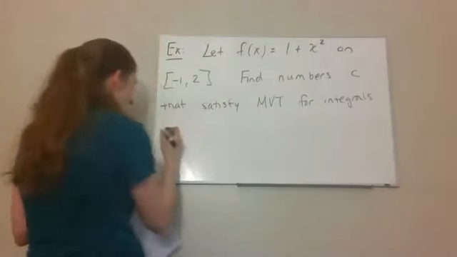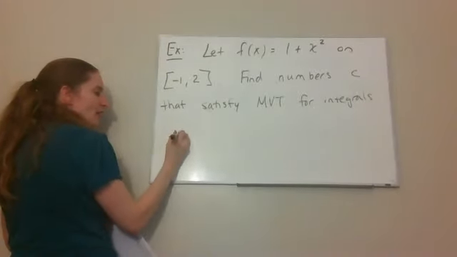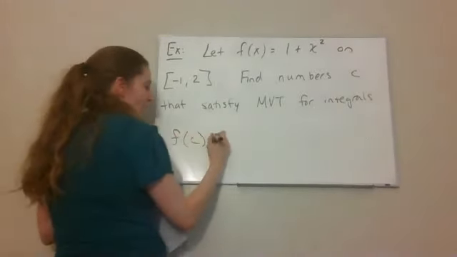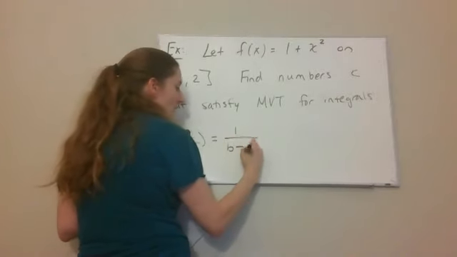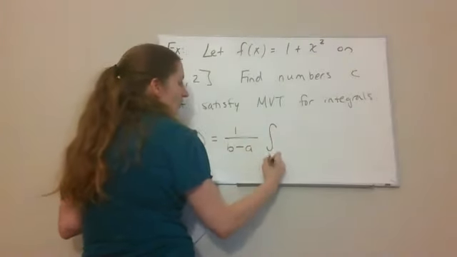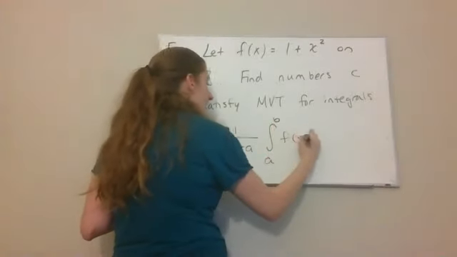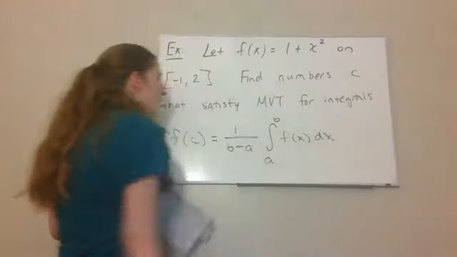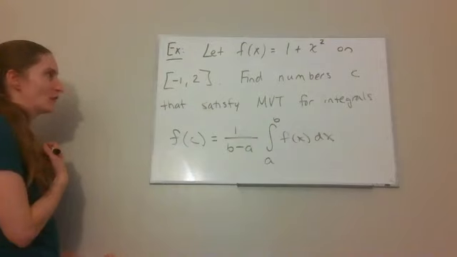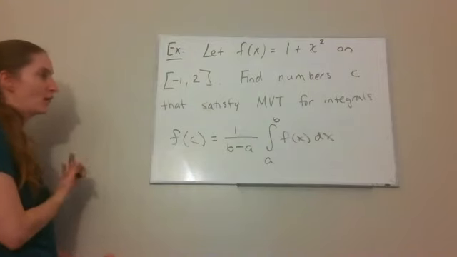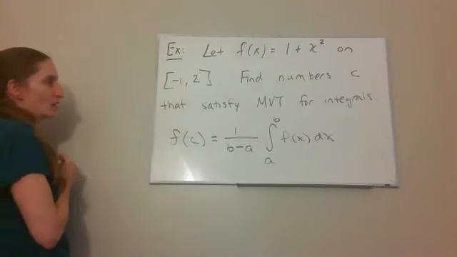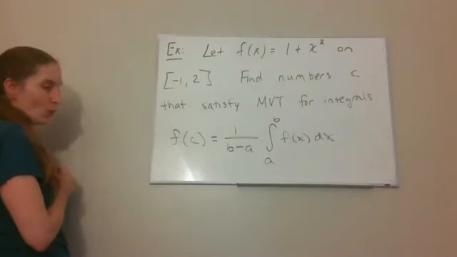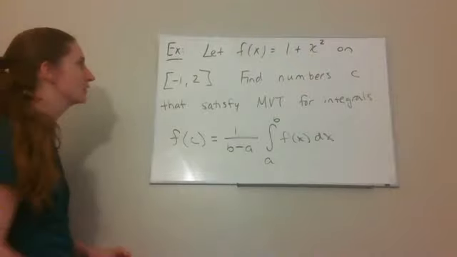So first, remember what the mean value theorem says. It says f of c is equal to 1 over b minus a, integral from a to b of f of x dx. So I need to find values for c that satisfy this, where my a is -1, my b is 2, and my f is 1 plus x squared.